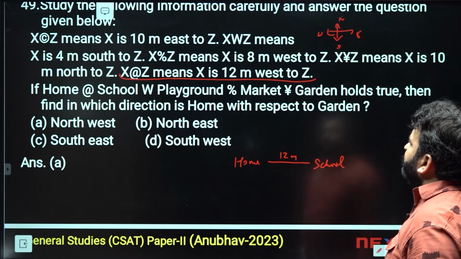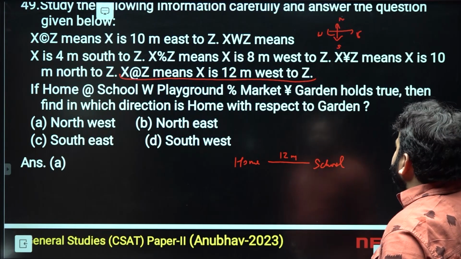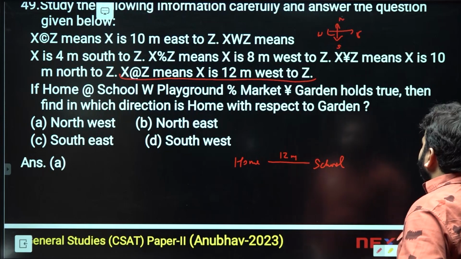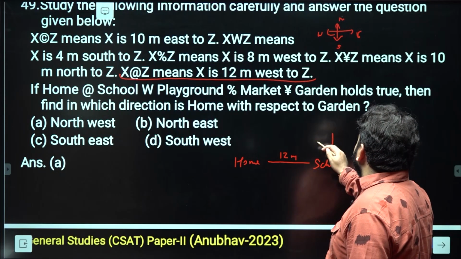School w playground means school is 4 meter south to playground, so playground will be 4 meter north to school.